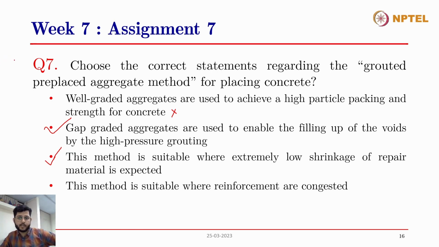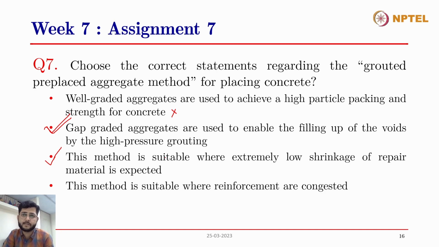High pressure grouting is used to fill up the voids between the gap graded aggregates, right? The third statement says this method is suitable where extremely low shrinkage repair is expected. Yes, again true, because a high volume of aggregates is being used in this repair. The graded aggregates are already present, and whenever we are using a concrete or repair material that has a large volume of aggregates and less paste volume, that will limit the shrinkage, because shrinkage is caused by the presence of the cement paste.